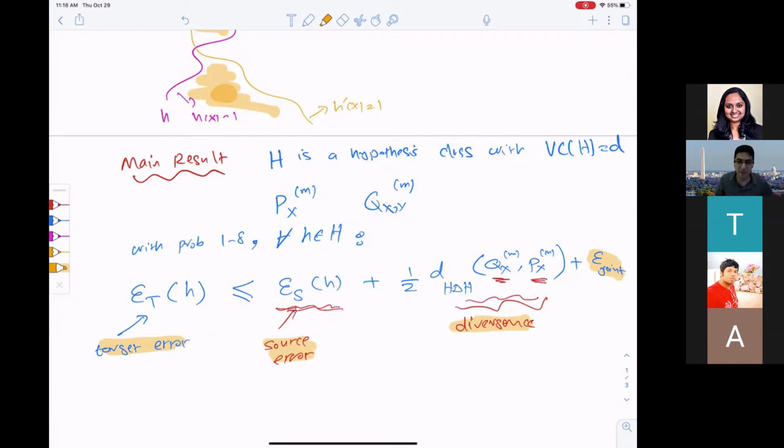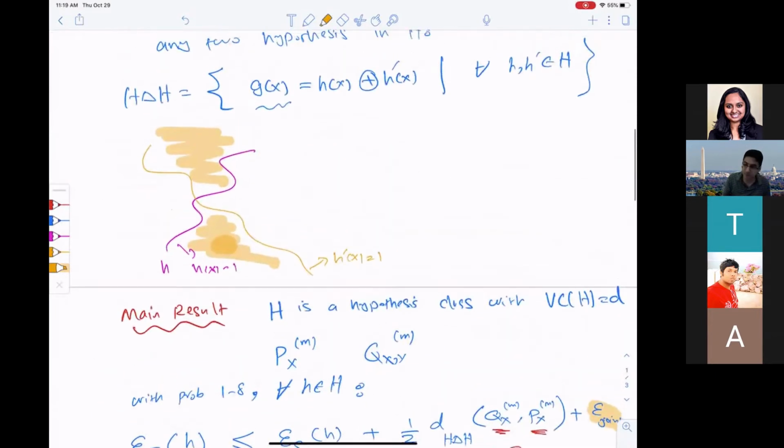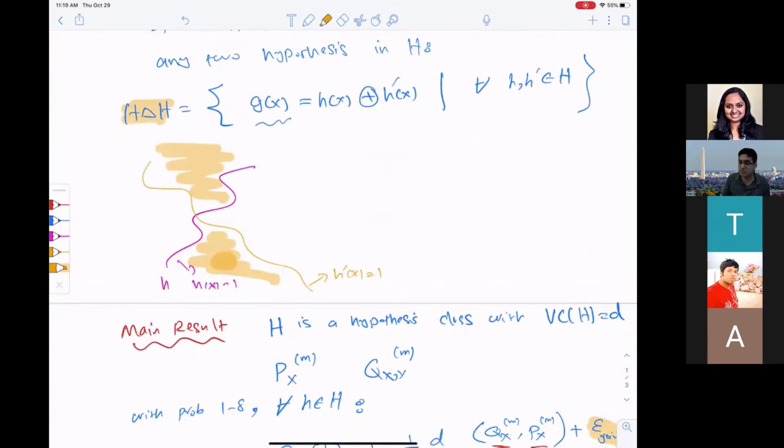Okay, so I see there are some questions. Can you explain how to compute the middle term? The divergence term is not hard to compute, right? If you have a characterization of this symmetric hypothesis, which is not hard. Let's say you have two functions, you look at the disagreements between the two, then you basically train a classifier from this hypothesis class in order to classify your source and target distributions.